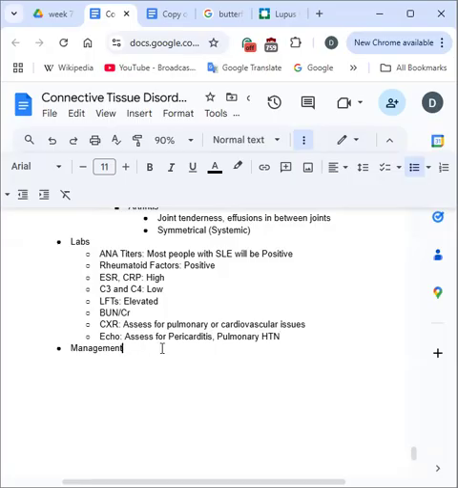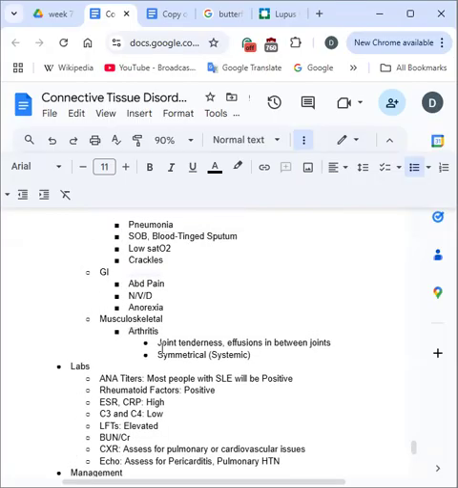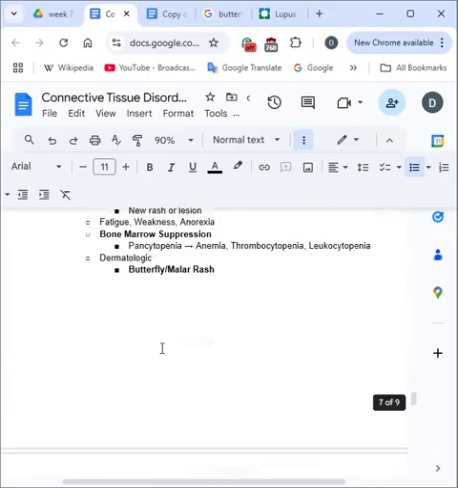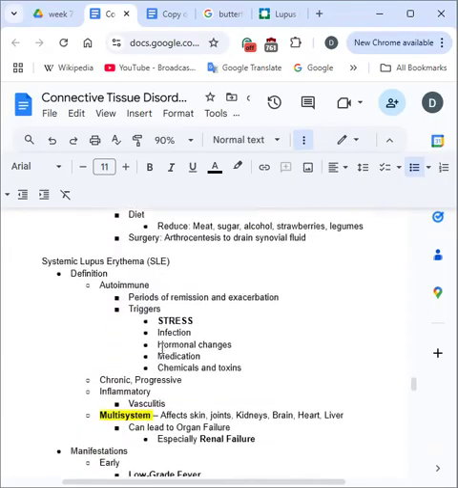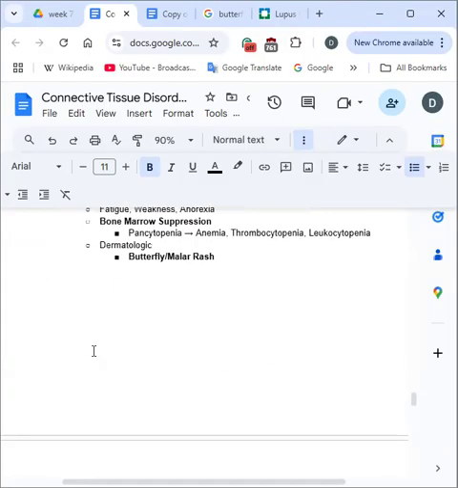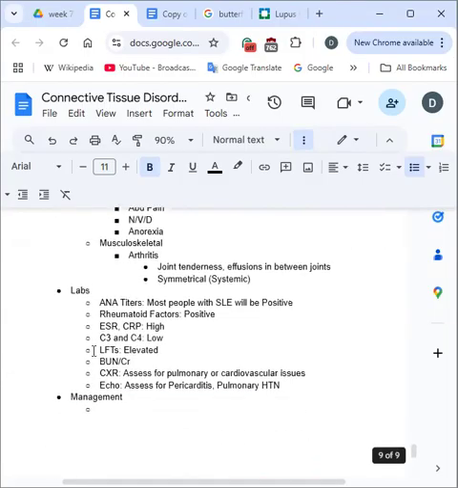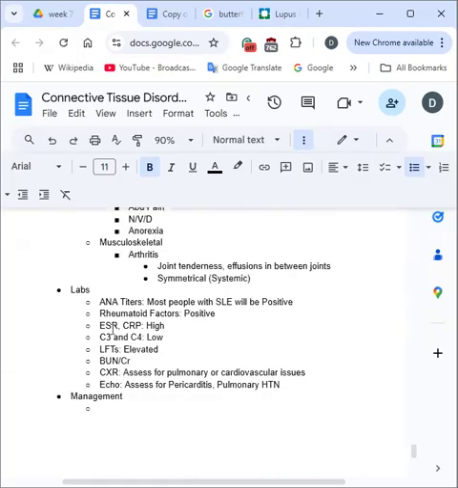All right. The next focus is really just the management. There's lots of stuff to do with SLE, but again, if you kind of just break it down to the system part of it, really focus in on the fact that this is autoimmune. So how stress affects autoimmune conditions. Kind of get alongside with your RA, really get into the idea of some of these inflammatory markers.